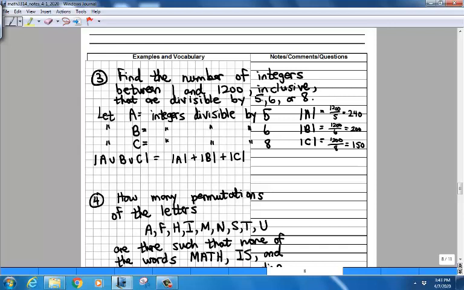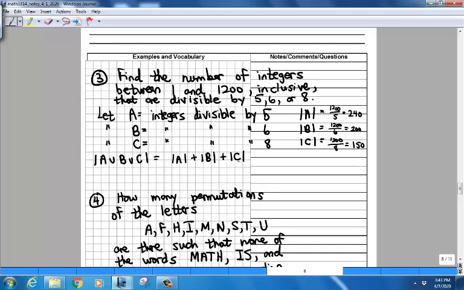We want integers divisible by 5 or 6 or 8, correct? So that would be numbers in set A or in set B or in set C, divisible by 5 or 6 or 8. By the way these three sets are defined, the answer to this question is just going to be the cardinality of the union of these three sets.